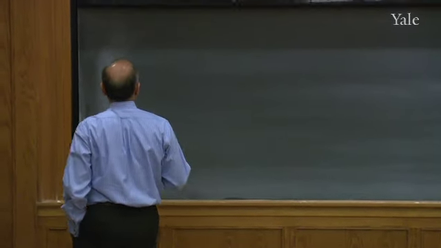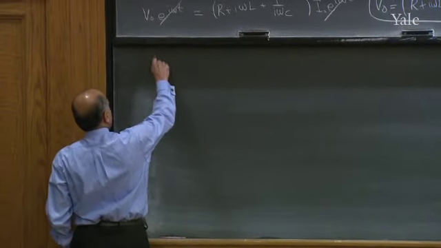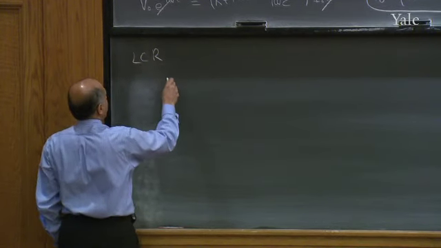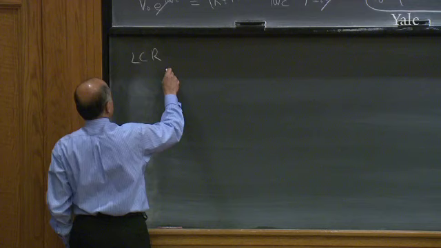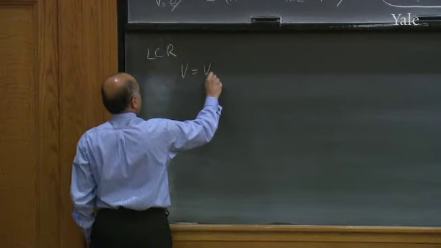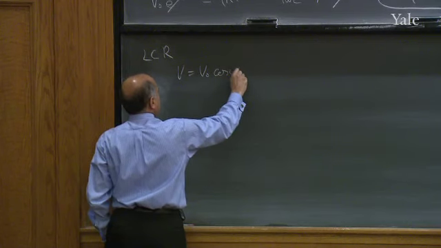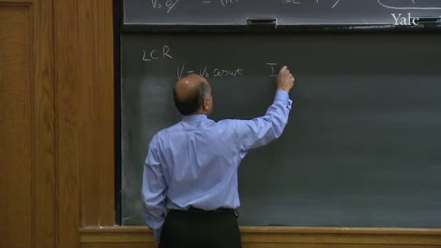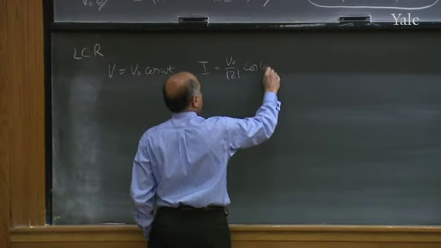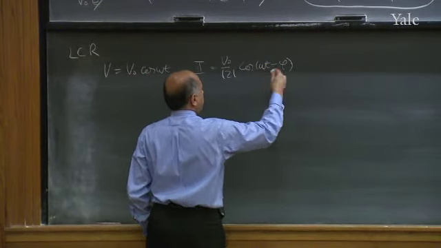Take the LCR circuit, where we found that the voltage was V0 cos omega t, and the current was V0 over the absolute value of Z times cos of omega t minus phi, where phi is all that stuff.